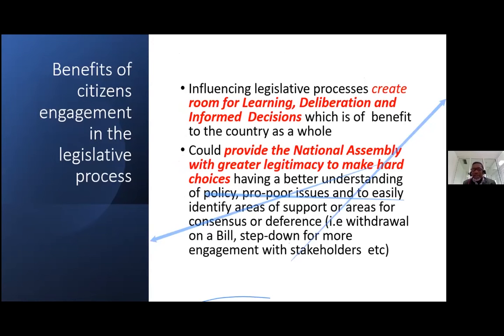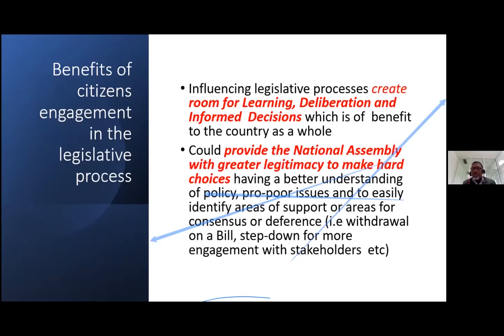Another benefit of citizens' engagement is the ability to create learning opportunities, to deliberate and to make informed decisions, which I alluded to before. Before you have development, you must have learning. Just as Nkiru said, many legislators, many actors in government don't have perfect knowledge of everything.